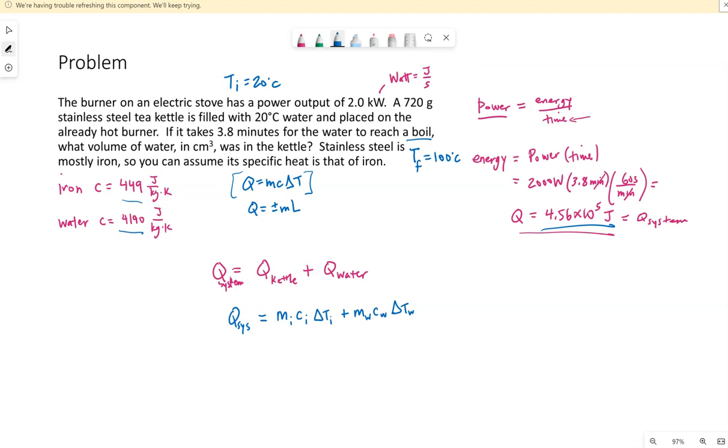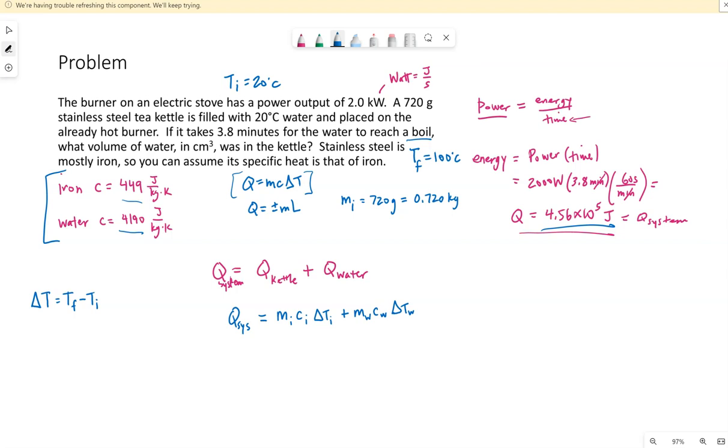We know the mass of the iron is 720 grams, which we will want in kilograms. We have our C values. Our delta T, our change in temperature, final minus initial, is going to be the same. They both are going to end up at 100 degrees Celsius.